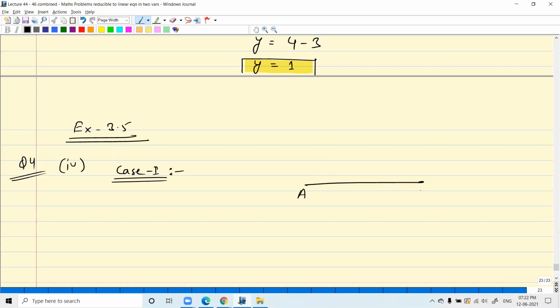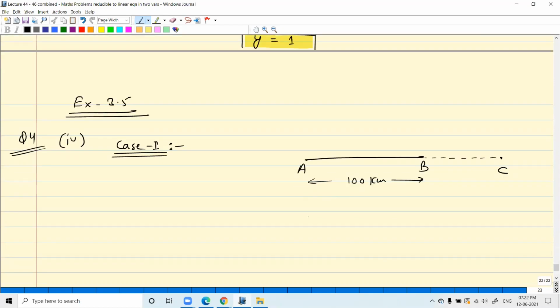There is a position, place A, place B. Car starts from here and they both go in the same direction. And let's say they meet at this place C. And we know that the distance between A and B is 100. From here to here it is 100 kilometers. Both the cars are going in the same direction. And this is where they meet.